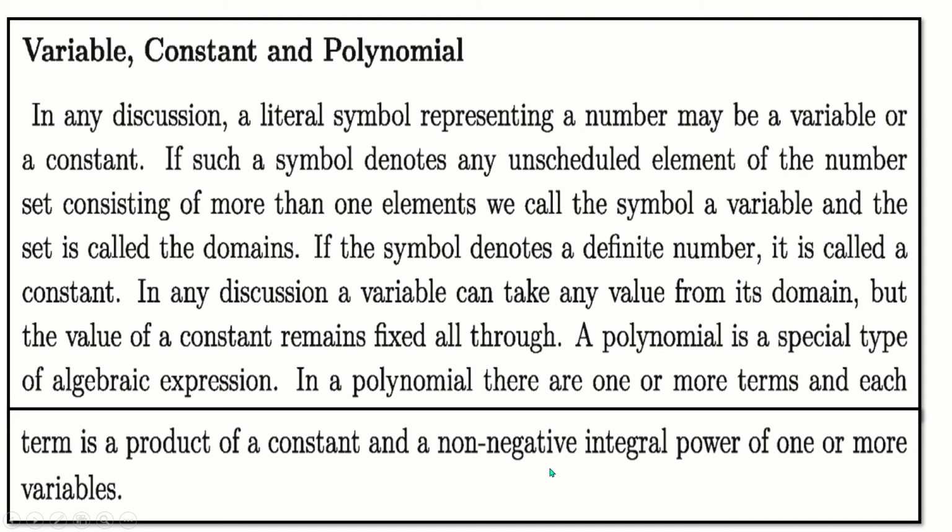That means 0, 1, 2, 3, 4, 5, 6, and so on, of one or more variables. Variables will be either 1 or 2. As for example, x plus b, or ax square plus bx plus c, or x plus y plus z. That means variables will be one or more. Okay.